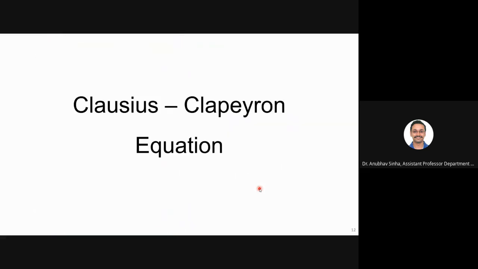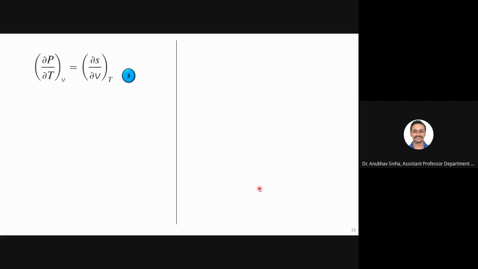Okay, so let us now talk about the Clausius-Clapeyron equation. This is Maxwell's third relation; we developed four relations and this is the third one. Now, for a saturation curve, when you talk about a vapor dome, P is a function of temperature only.